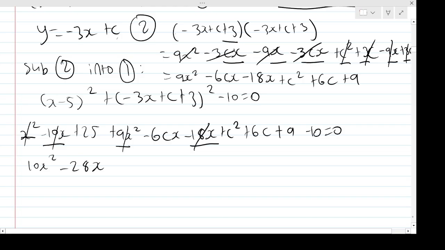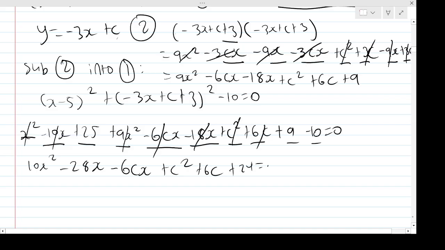Let's collect the cx terms right next. So minus 6cx. Okay. Then I have c squared. Okay. Then I have plus 6c there. Then I can add the remaining numbers together. Okay, 25 add 9 minus 10, that gets me plus 24 equals 0.